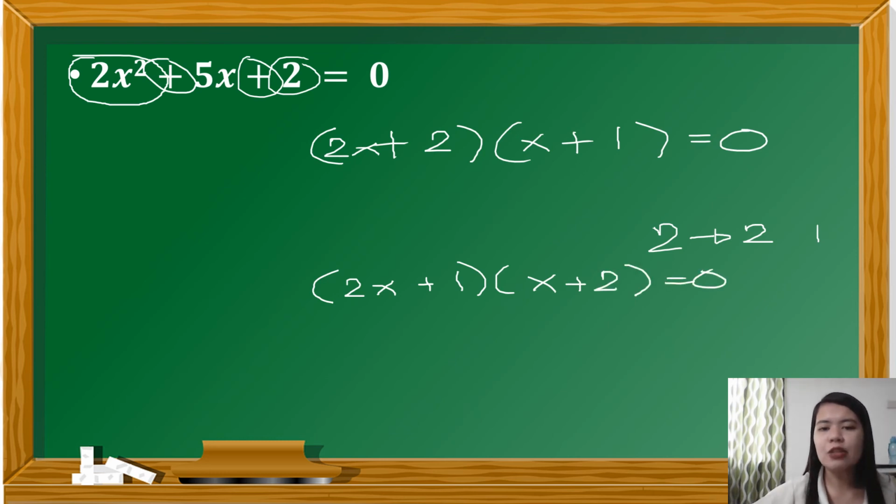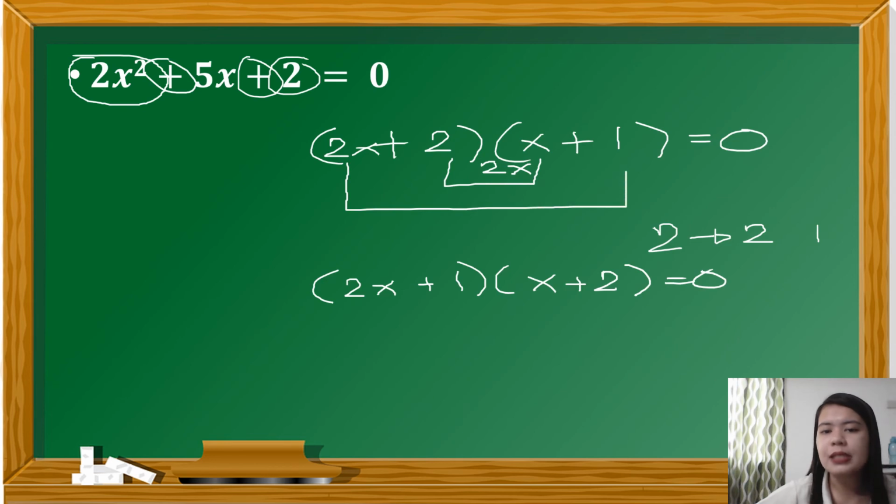So, kapag ganito, kailangan natin siyang i-check. 2 times x, 2x. 2x plus times 1 will be 2x. Pagsamahin natin itong dalawang ito. 2x plus 2x, 4x. Hindi siya katumbas ng 5x.